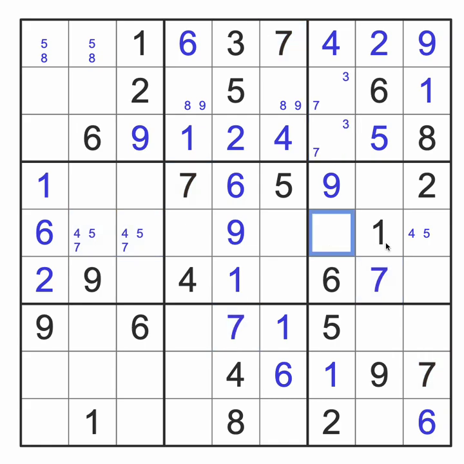That means 8 has to come here. And now 8 blocks here. This 8 blocks here, gives me 8 here. And these two will be 3 and 4.